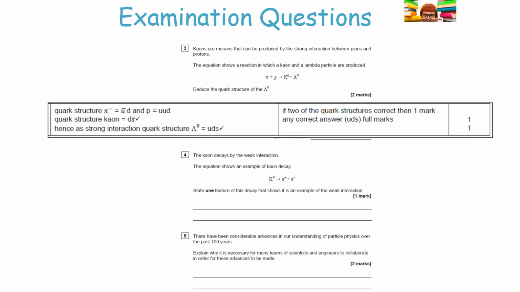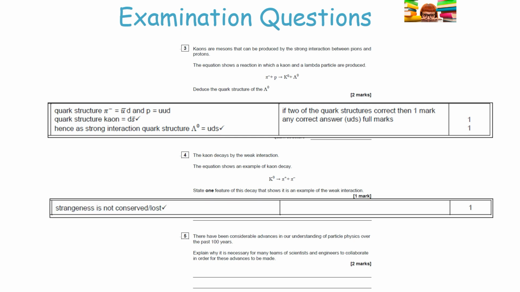Secondly, we know that it has a charge of 0. We've also got to consider that there's no strangeness before and there's strangeness afterwards, and it's via the strong interaction, so strangeness has to be conserved. Therefore we do need a strange quark to counteract the anti-strangeness of the K0. So the only combination of 3 quarks which will add up to give you a charge of 0 and a strangeness of 1 is up, down, strange, which is our answer.